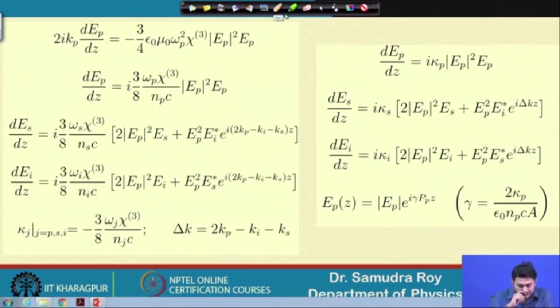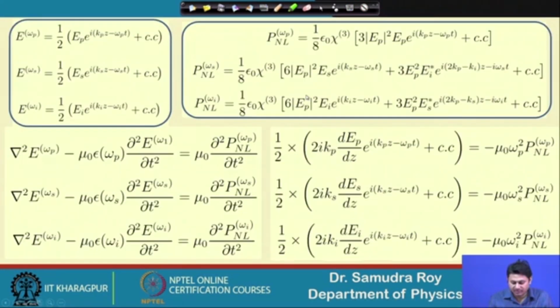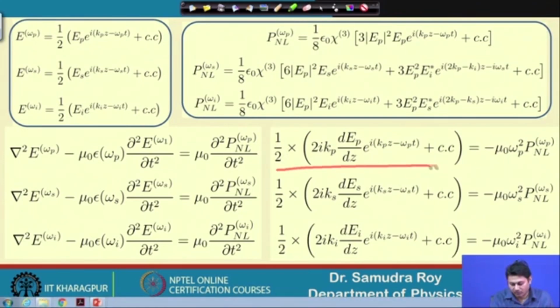We know how to solve self phase modulation, but let me do it once again. It will be 2i kp dEp/dz. If I go to the previous slide, basically we are using this equation right now for the evolution of omega p.